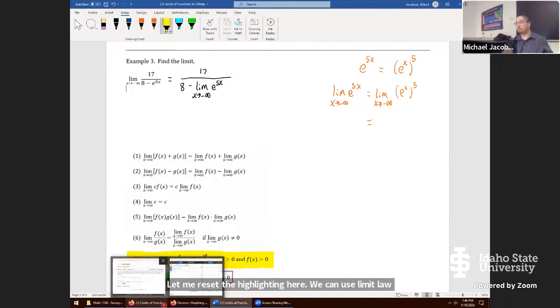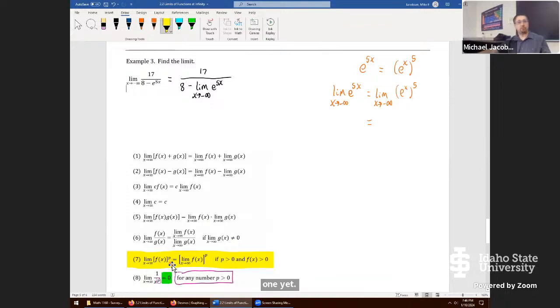You might have noticed we haven't used that one yet, but what limit law number 7 says is, if you have an outer exponent, some power p, that's what we have right here, it's the 5, then the limit can go inside the exponent.